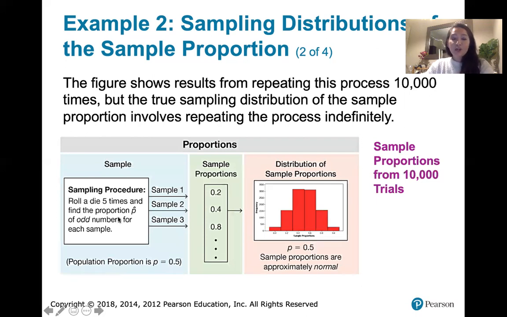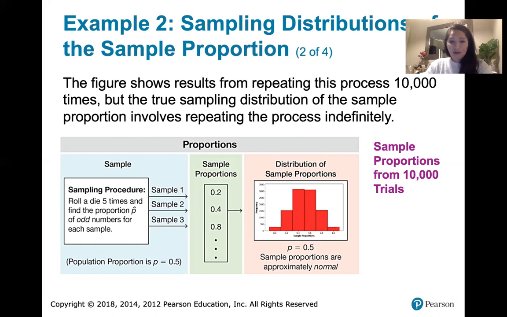So let's say you roll a die 5 times, and the question is, what is the proportion of odd numbers in that sample? If you roll a die 5 times, you could get 0 odd numbers, 1 odd number, 2, 3, 4, or 5 odd numbers. So the sample proportions are going to tend to be like 0 out of 5.